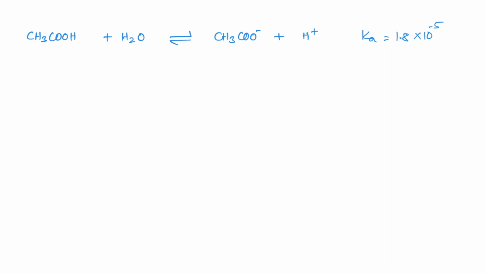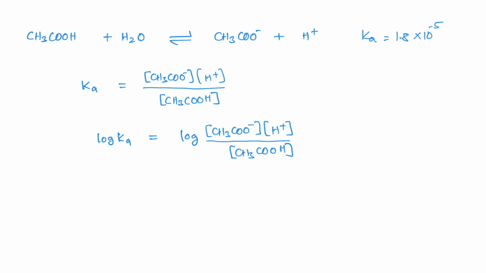We know that acetic acid reacts with water to form acetate ion and H+. If we write down the equilibrium constant expression for this reaction, Ka is equal to concentration of acetate ion times concentration of H+ divided by the concentration of acetic acid. Let us apply logarithm on both sides.